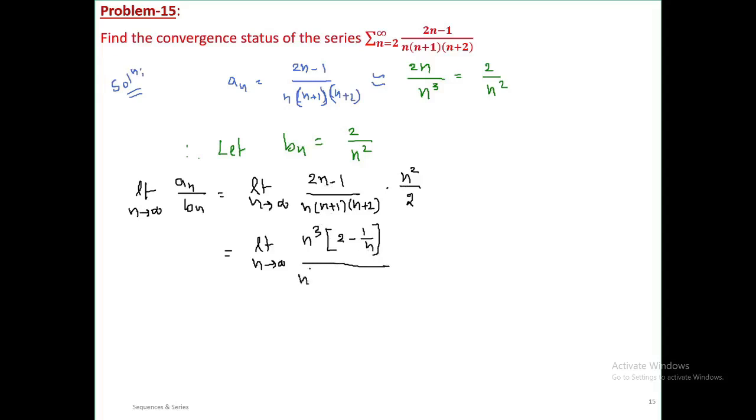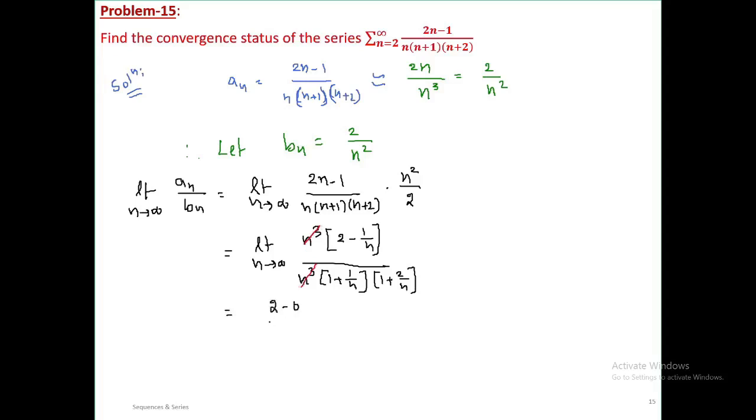In each bracket I take one n common: from the first bracket one n, from the second bracket one n, overall n cube. So inside we get 1 plus 1 by n and 1 plus 2 by n. Now if you apply the limit, n cube and n cube cancel out. So what will you get now? This will be 2 minus 0, right?